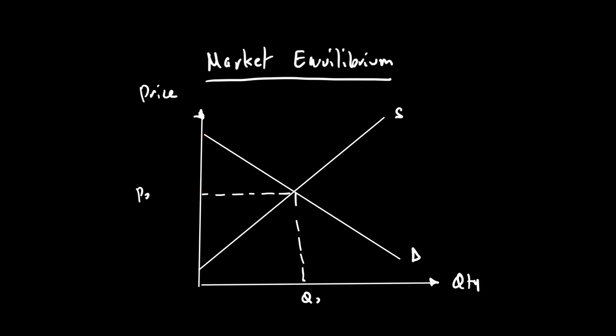So my consumer surplus will be this region, while my producer surplus will be the area under the market price above the supply curve. And this consumer surplus plus producer surplus gives us what we call our society's welfare. So if there are consumers and producers in the society, this is our society's welfare. Consumers will be happy because the consumer surplus tells us their welfare, while producer surplus is producers' welfare.